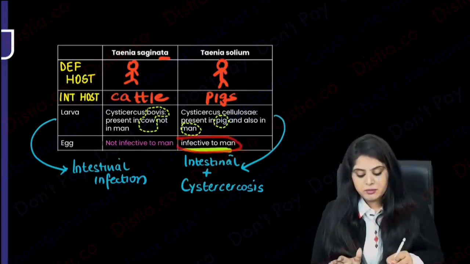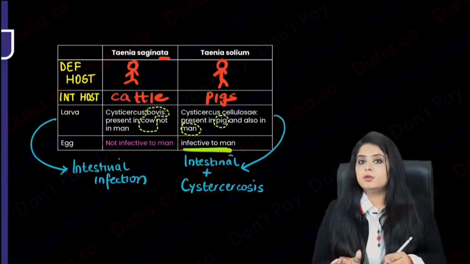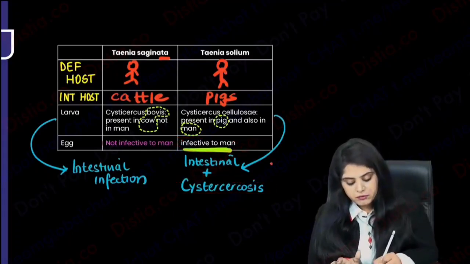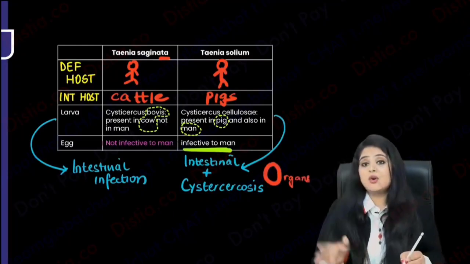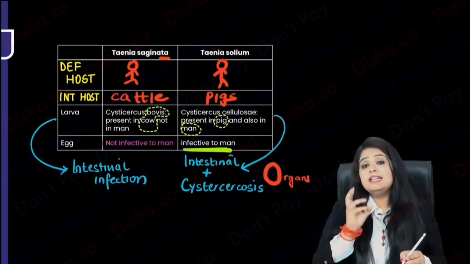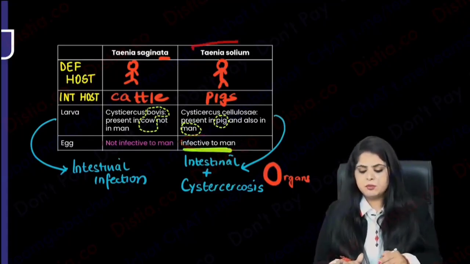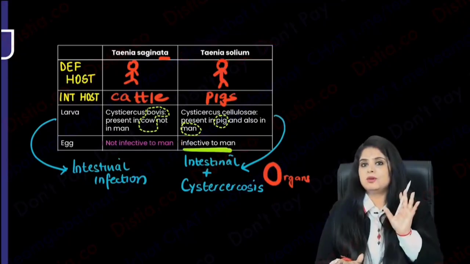When the eggs are infective to us, that is when the organ involvement occurs. So please remember, for the other organs to be involved, I need an egg, and an egg infective to man can only be solium's.